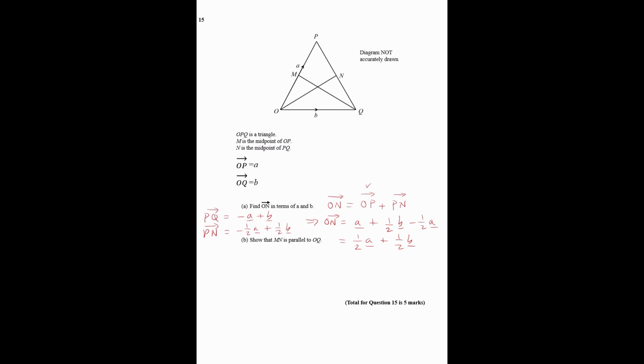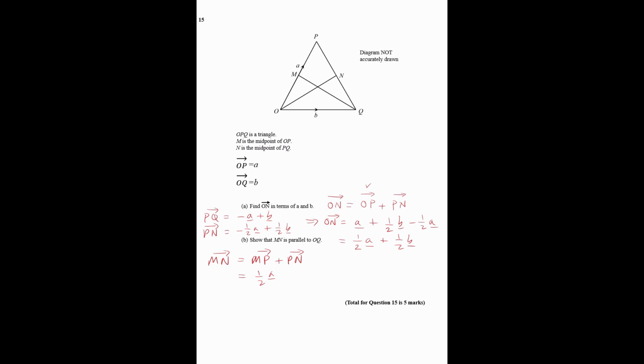Now we want to show that MN is parallel to OQ. The vector M to N, I'm going to use M to P plus P to N. M to P is a half of A plus PN.